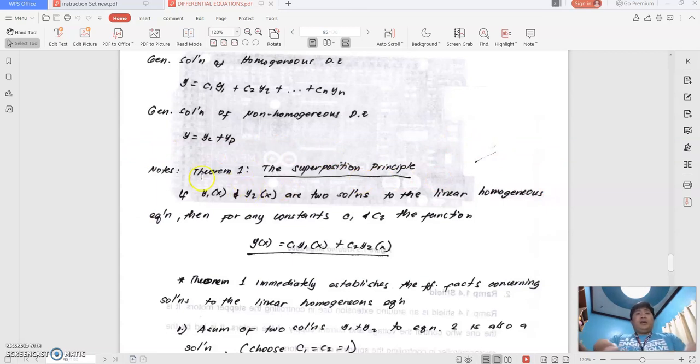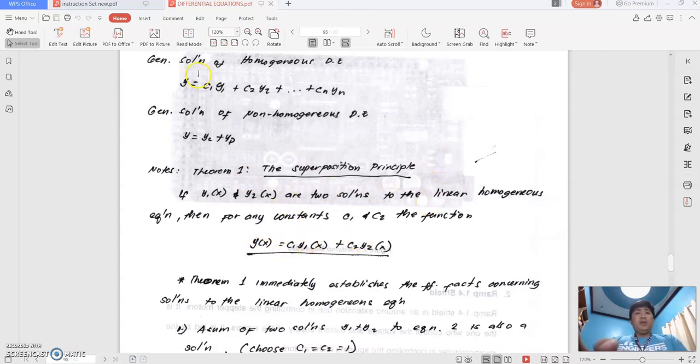So let's talk about the first theorem. The first theorem is about the superposition principle. It states that if y sub 1 of x and y sub 2 of x are two solutions to the linear homogeneous equation, then for any constants c sub 1 and c sub 2, the function y will be your general solution if you are following the superposition principle.